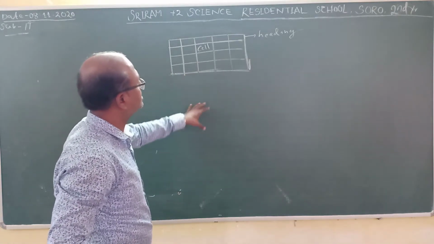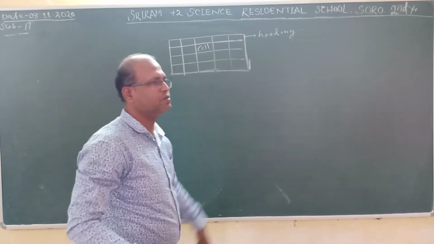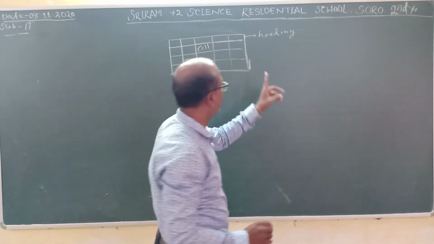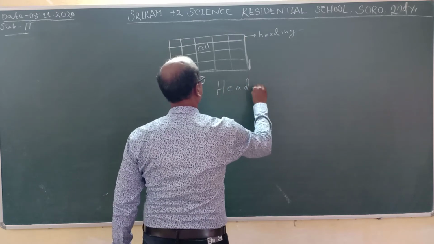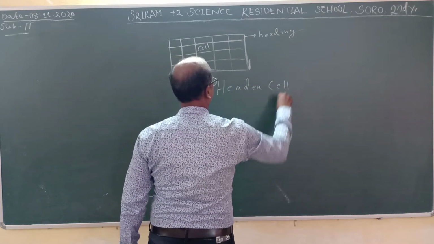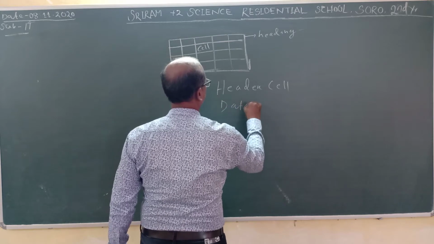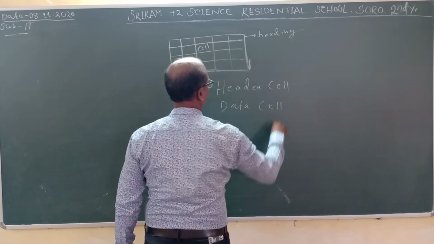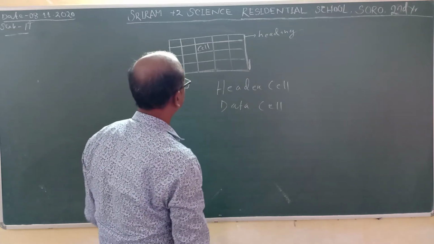The total cells of a table are categorized into two types. One is the header cell, and another type is the data cell. The header cell and the data cell.